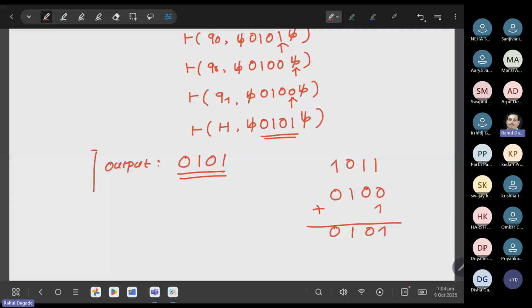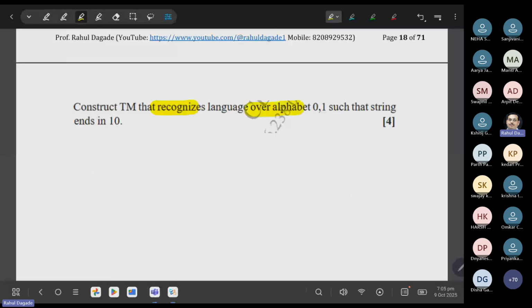Construct a Turing machine that recognizes a language over alphabet 01 such that the string ends in 10. So that means the language of W belongs to 01, any combination of 0 and 1 such that it ends in 10.